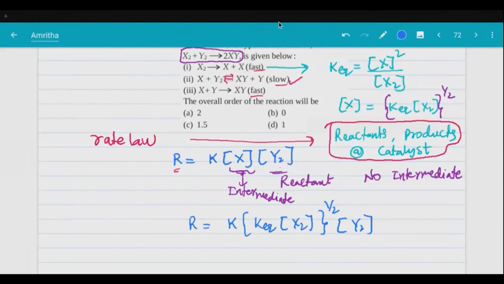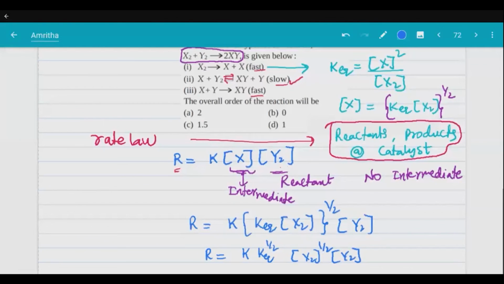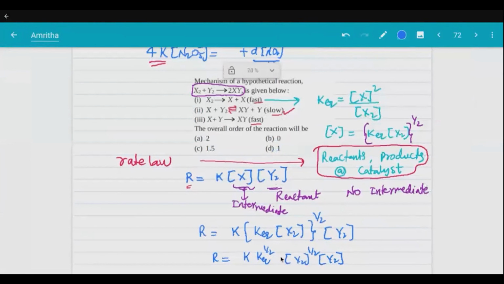Y2 is a reactant. No need to remove a reactant, but we have to remove the intermediate. So rate is equal to K, K equilibrium power 1 by 2, x2 power 1 by 2, y2 power 1. And K into K equilibrium is just a constant.